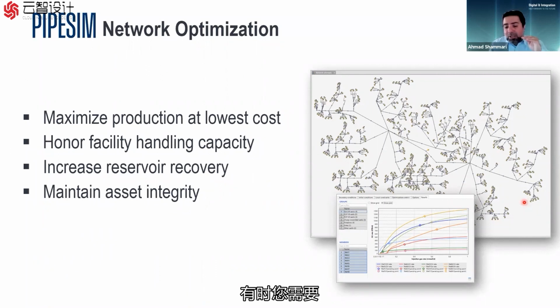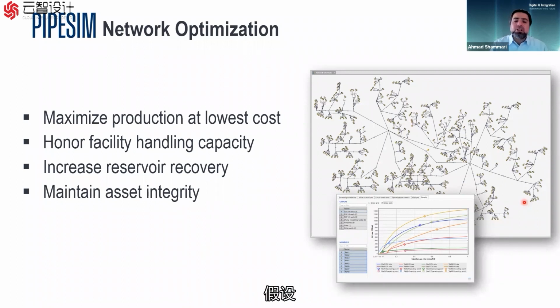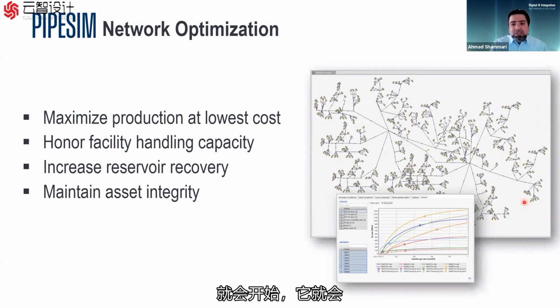Or sometimes, even if the well has potential to produce more, you need to limit it to a certain amount. Suppose that the well can produce 5,000 barrels per day. But if you leave it like that, then the well will start to invite water quickly, and then you will lose your well faster, although you still have a lot of hydrocarbon in the reservoir.